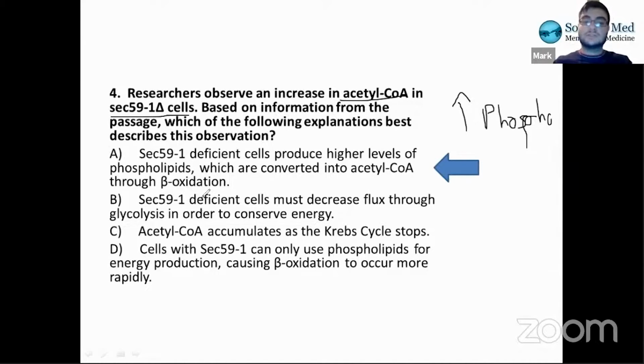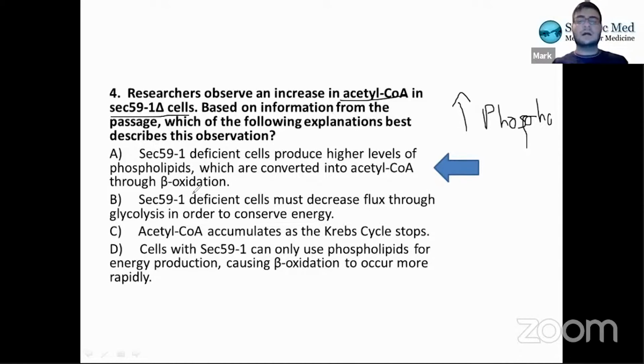B, sec deficient cells must decrease flux through glycolysis in order to conserve energy. Lipids and glycolysis are not related pretty much at all. A little bit you can have control over it, because obviously it happens in your body at the same place. If you're digesting a lot of fats, you don't also want to be metabolizing a lot of glucose at the same time, otherwise you make too much energy.